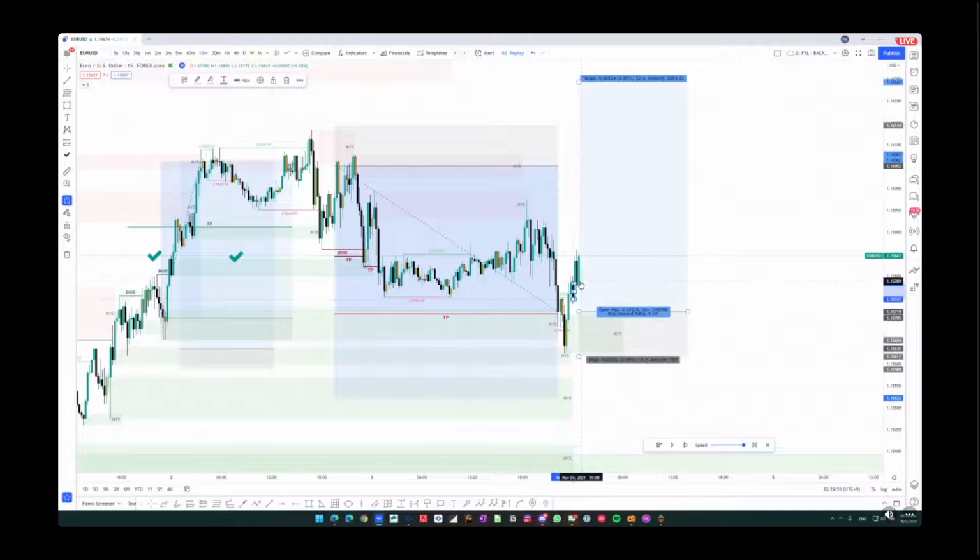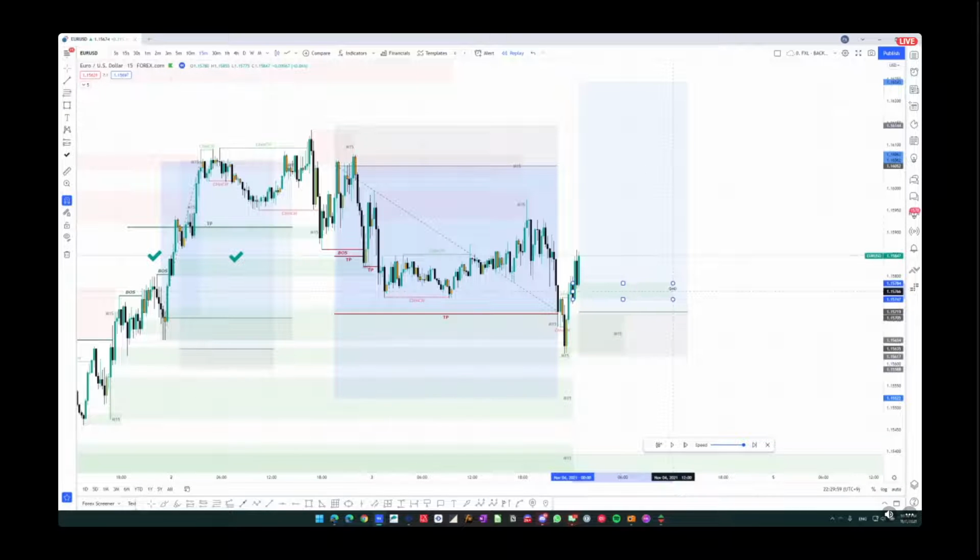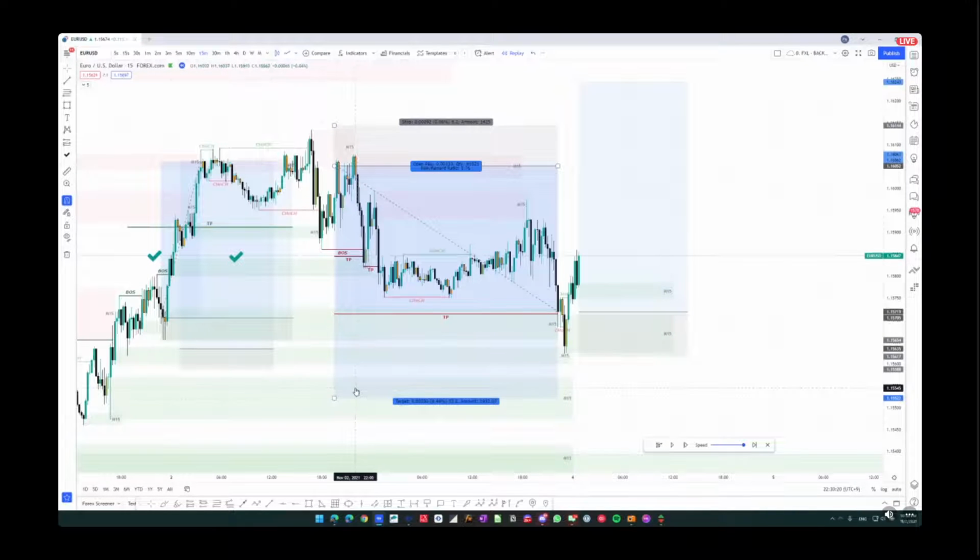Last week the structure was much better, and somehow this week I think the structure was awful. Last week, high time frame and low time frame structure pointed in one direction, right? Both high time frame and low time frame. But this week high time frame and low time frame point at different directions.